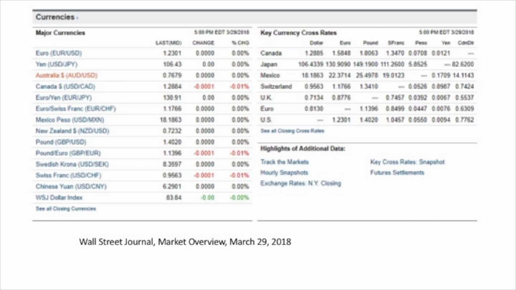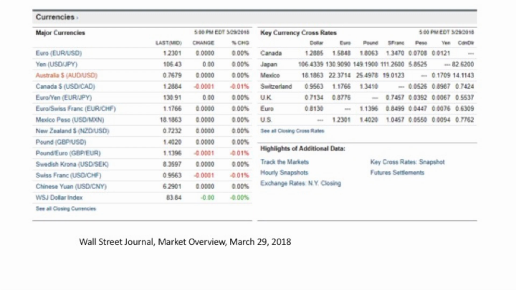For those currencies that are floating, there is an active market. Actually, the currency market is one of the largest financial markets in the world. A lot of trading going on. Here is an example of a report from the Wall Street Journal on the currency market. It's in their market overview section.